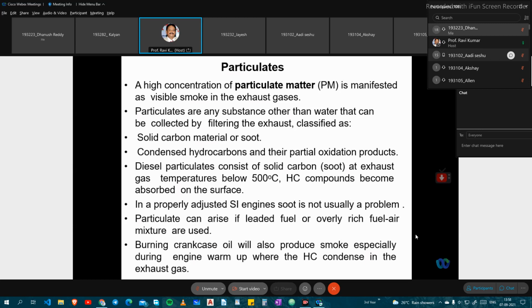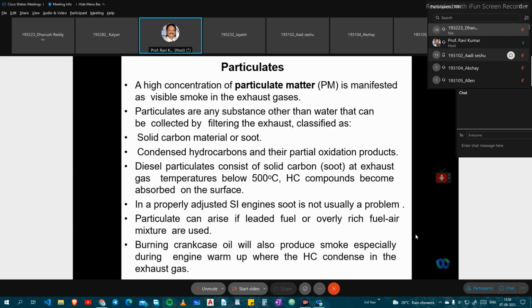The particles, as discussed previously, are solid carbon material or soot, condensed hydrocarbons and their partial oxidation products. Diesel particulate consists of solid carbon soot at an exhaust gas temperature below 500 degrees centigrade. Hydrocarbon compounds become absorbed on the surface. In a properly adjusted SI engine, soot is not usually a problem.